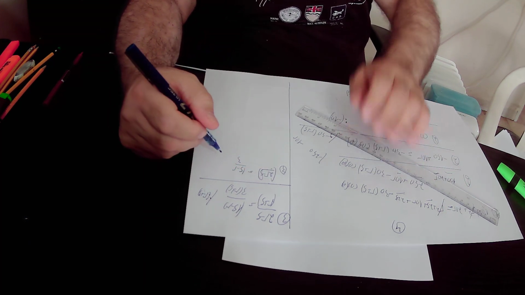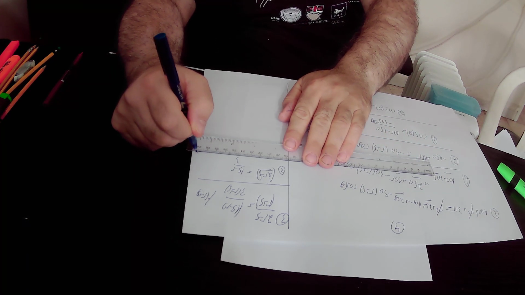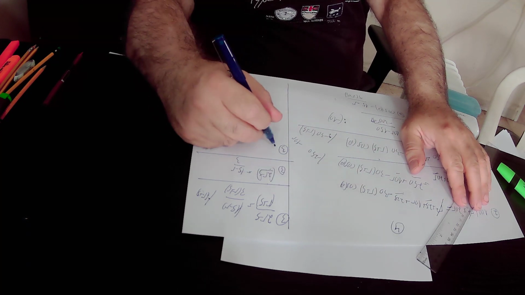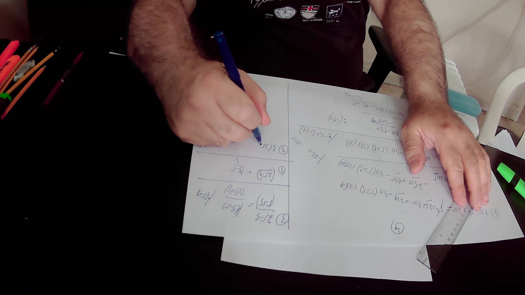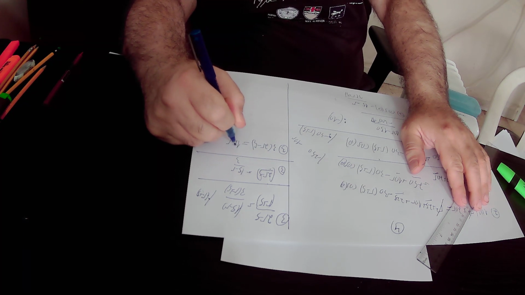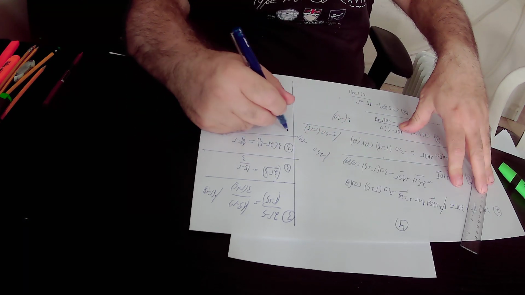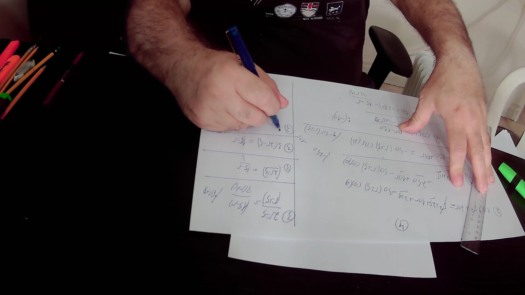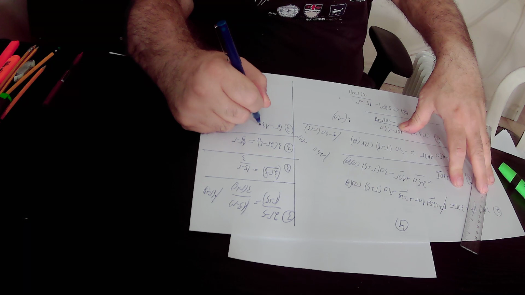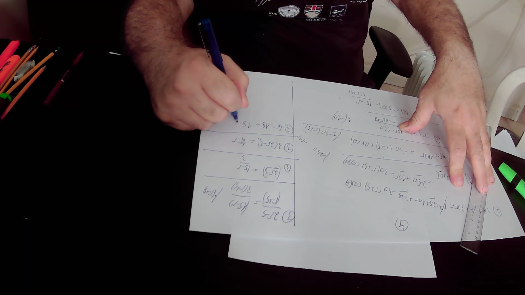Here we will multiply equation number 3 by 3, and we get that according to equation number 3, 3 times (2r minus 5) is equal to 15 minus r. We'll open the brackets on this side of equation number 3, and we'll get that 3 times 2r is 6r, 3 times minus 5 is minus 15, that is equal to 15 minus r.